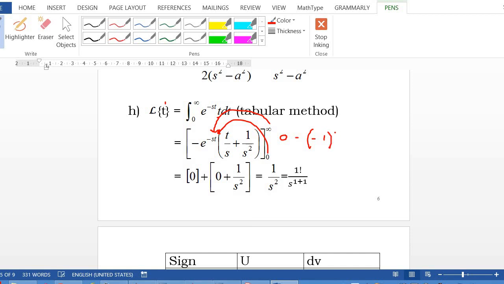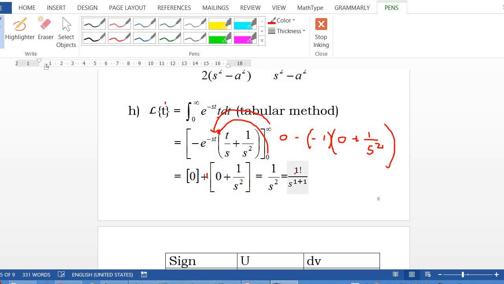Negative 1 multiplied by t, which is 0, plus 1 over s squared. So here, negative, negative, so there's a positive 1 over s squared. So the result is 1 over s squared.